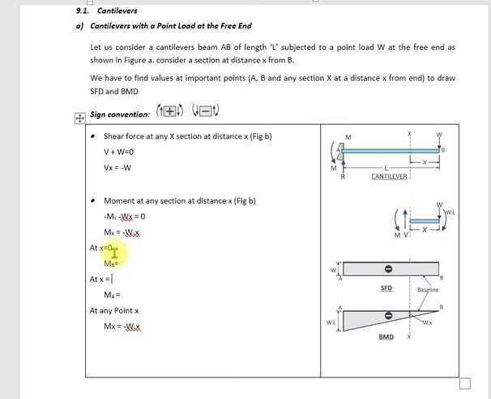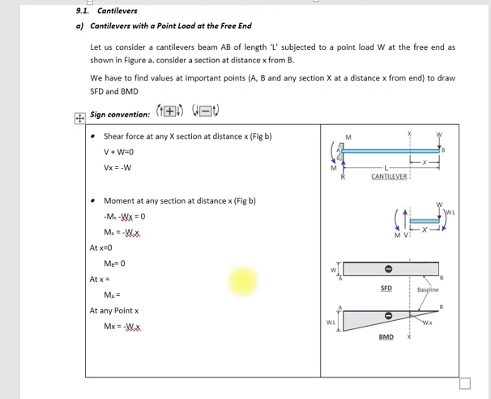At x equal to 0, bending moment will be equal to 0. At x equal to L, we will get the bending moment at point A. This is the B point. MB will be equal to 0.